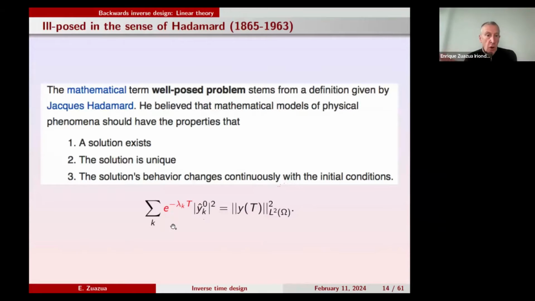Okay, so well, as I said, if you look to the classical definition of well-posedness in the sense of Hadamard, you will encounter that the heat equation is one of the most, say, tragic examples, right, in which this well-posedness is broken, right?